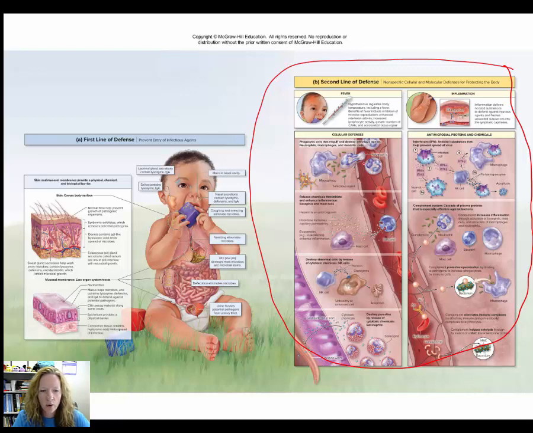The next section is just introducing it, looking at some key cells and some key structures of the adaptive immunity, and then we'll go on to specifically look at how T cells and B cells work.